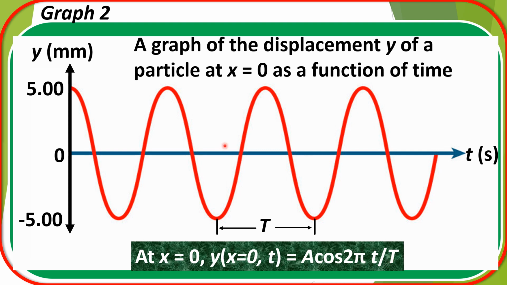So, graph 2 may look exactly similar to graph 1, but they are two different graphs. While graph 1 is the displacement as a function of the horizontal coordinate x, graph 2 is the wave function as a function of time.